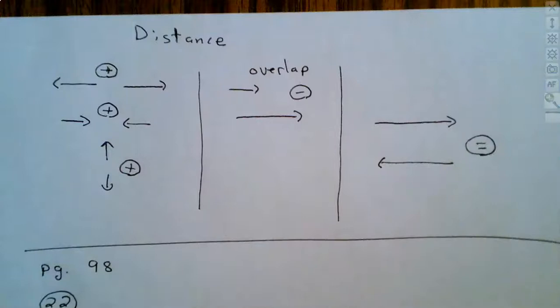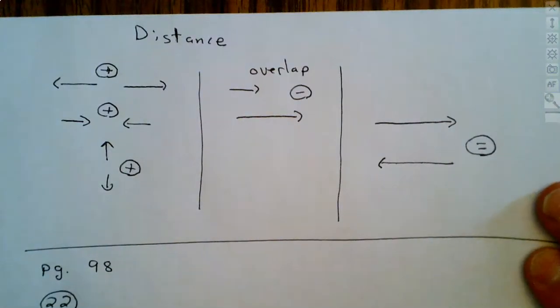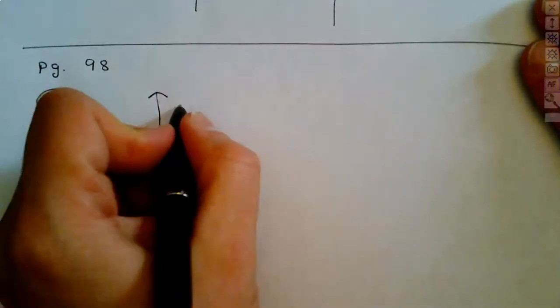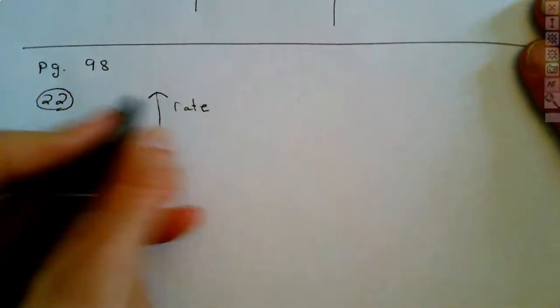So let's draw our diagram here. So we're going to start in Kansas City. And we've got a train going north and we've got a train going south. Each of these has a rate and a time.